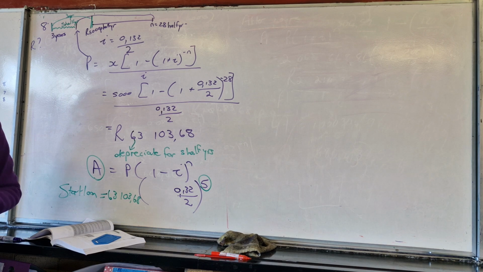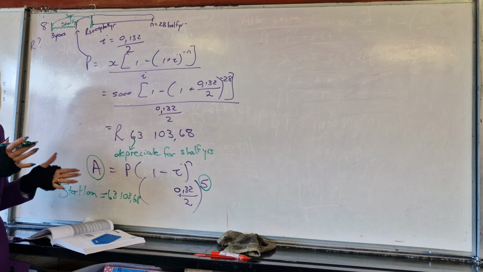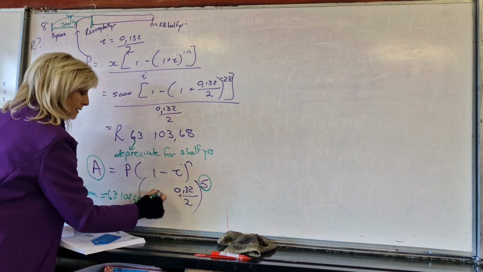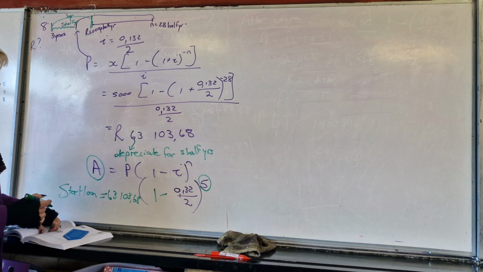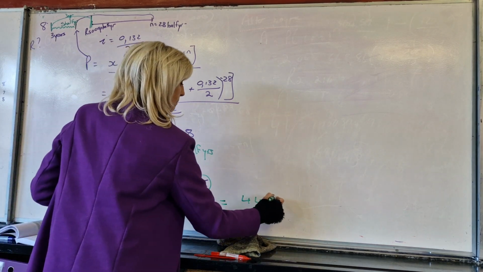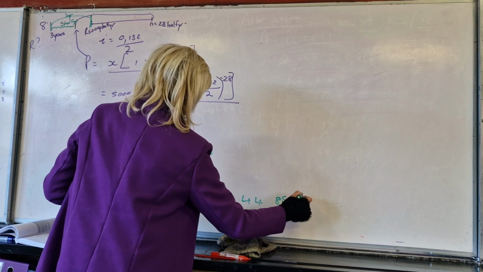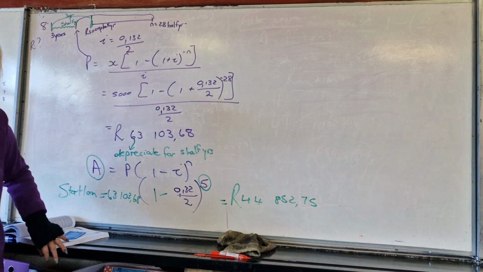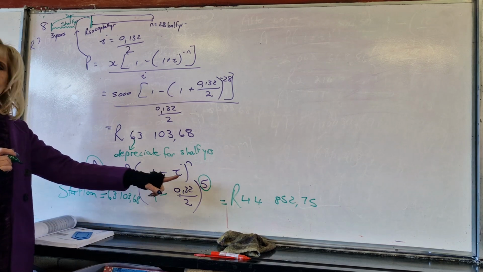Okay, so can it be confusing? Yes, absolutely. Are there lots of marks to be had for the right formula, the right I, N, and whatever? Okay, please give me an answer. 44,852.75. So the loan originally, 3 years ago, was 44,000.